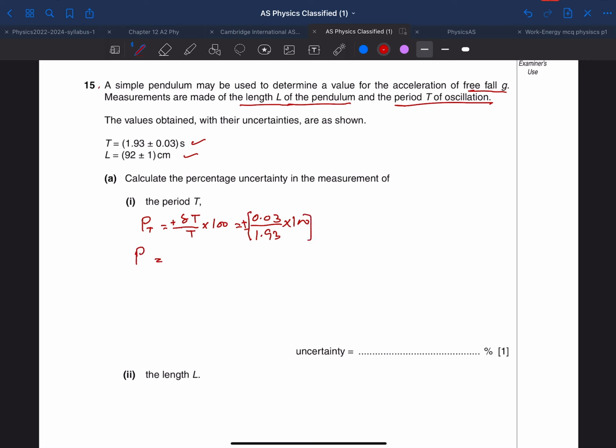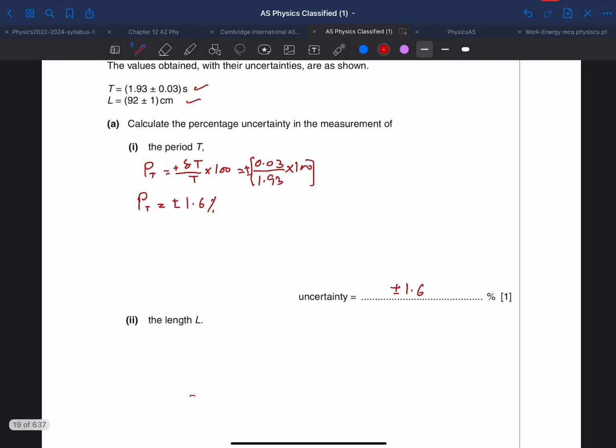I am leaving the calculation for you, and the value is plus minus 1.6%. So the answer is 1.6 plus minus 1.6%.